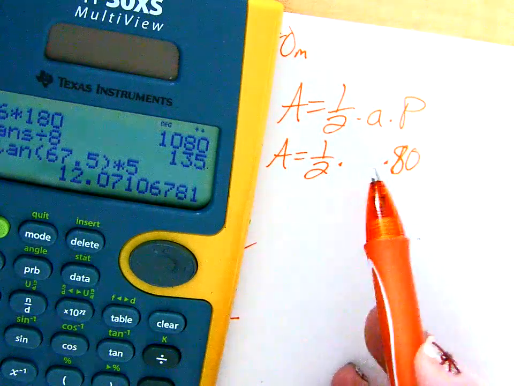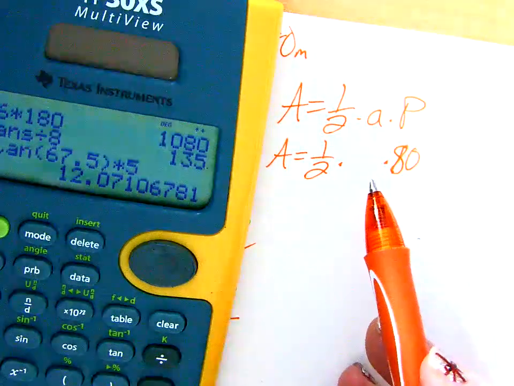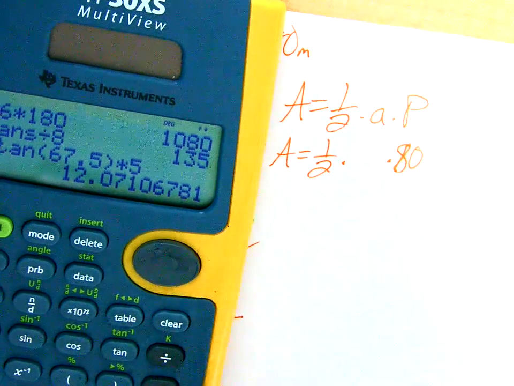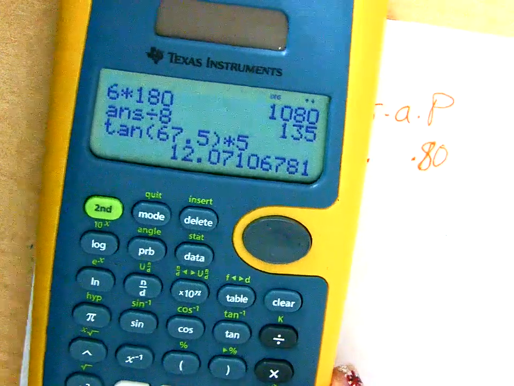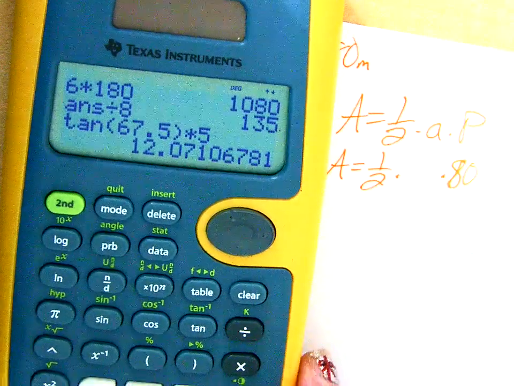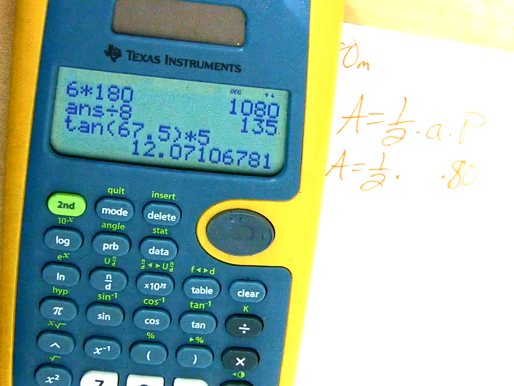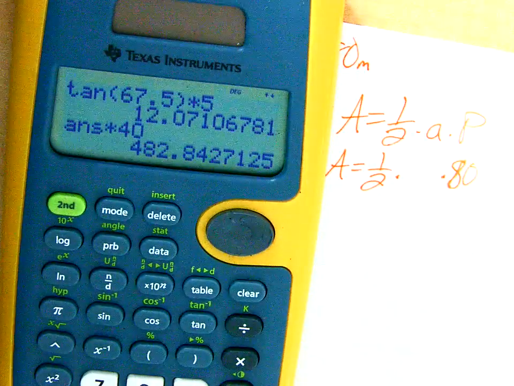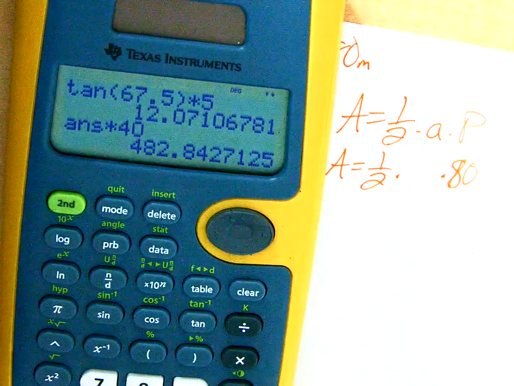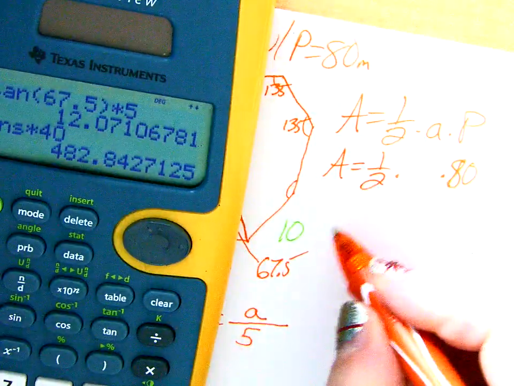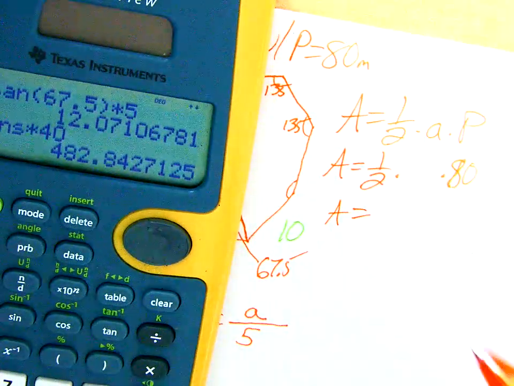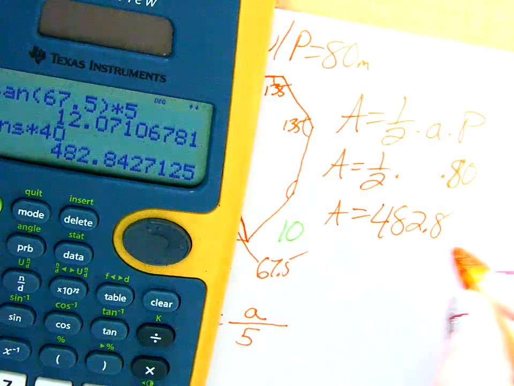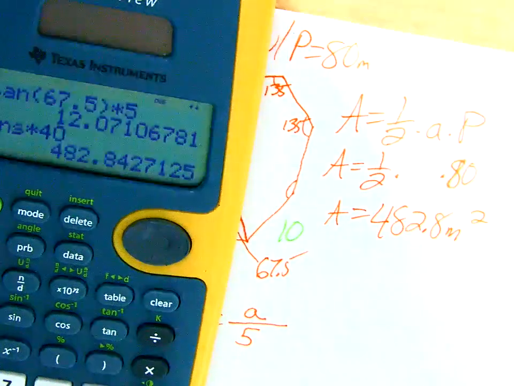I'm just missing that. A half times a is just 40, right? So your best bet, if you want to be as accurate as possible, leave that in your calculator and just times it by 40, right? And then I'm only rounding the one time at the end. So times by 40, there's my area. So let's round that to the nearest, let's say 10th. 482.8. And we're in meters this time.